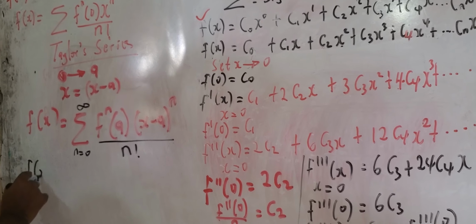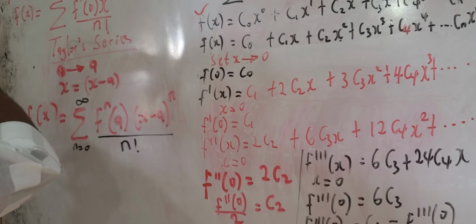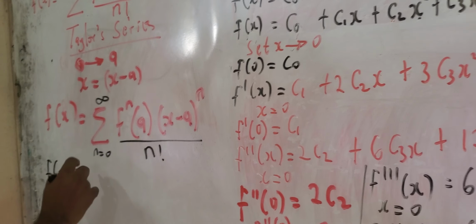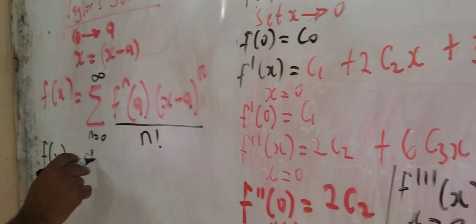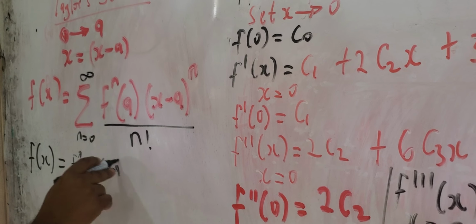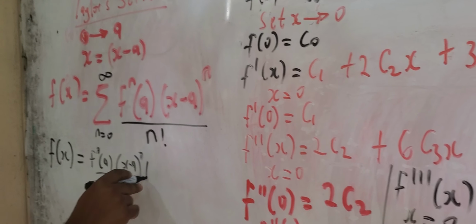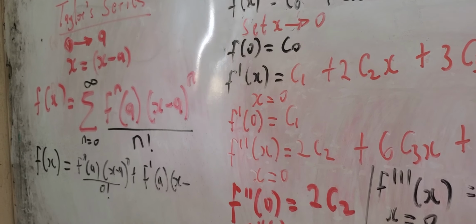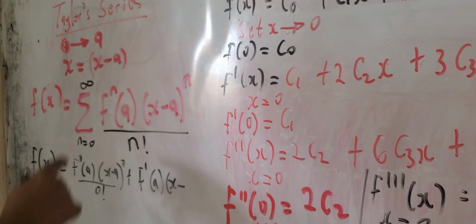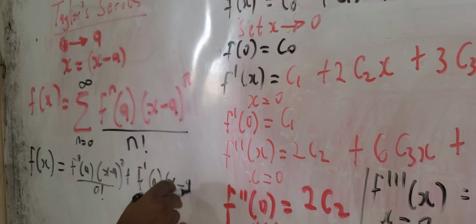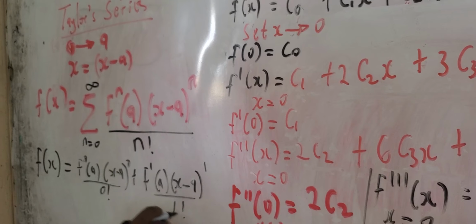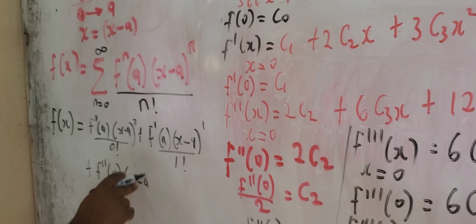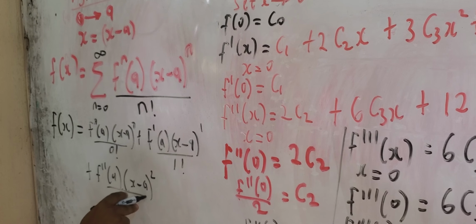So that means the Taylor series can now be written out by doing this count. When n is 0, I have f of a, x minus a raised to power 0 all over 0 factorial, plus f prime of a, x minus a raised to power 1 all over 1 factorial, plus f prime prime of a, x minus a raised to power 2 all over 2 factorial.